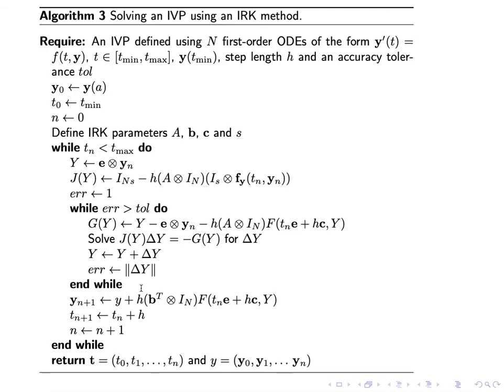If it takes more than that, something has probably gone wrong somewhere. After doing Newton's method, we have our values of big Y, and we update our solution using our Runge-Kutta method here. The algorithm I presented here hasn't included any adaptive step size control. Some sophisticated solvers do include that.